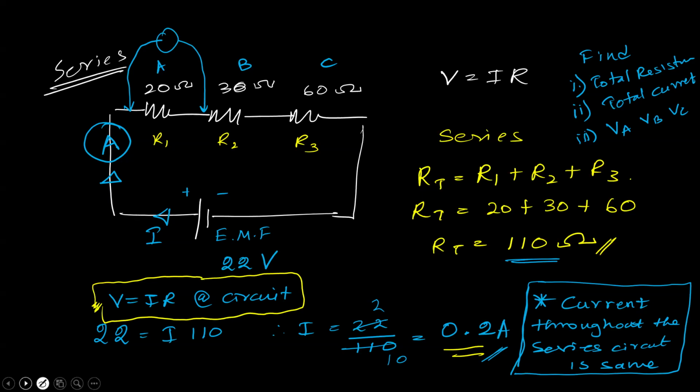Okay, someone is asking how 1 over 5 and 2 over 10 are equal. That is basic maths. We got 22 over 110, right? Then we cut this with 11 and this with 11, we got 2 over 10. Yeah, someone has got 1 over 5 as the answer.